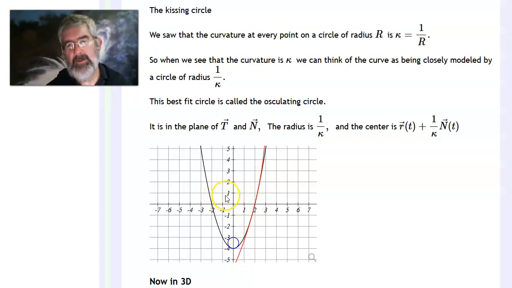In that direction, I moved out 35, and then I drew a circle of radius 35, so it goes right through that point. That red curve you see here is actually part of a circle, and at that point, that circle is a pretty good approximation of the curve. That's the osculating circle.